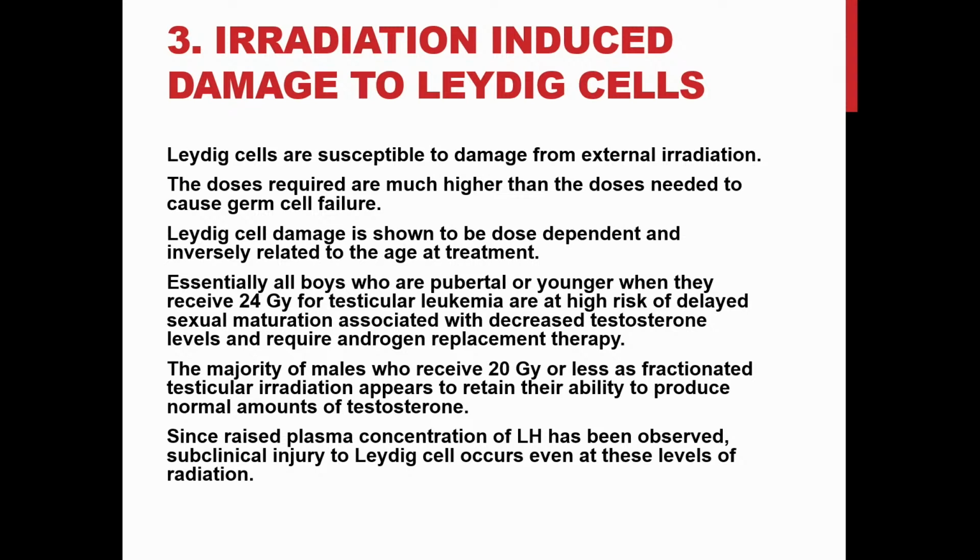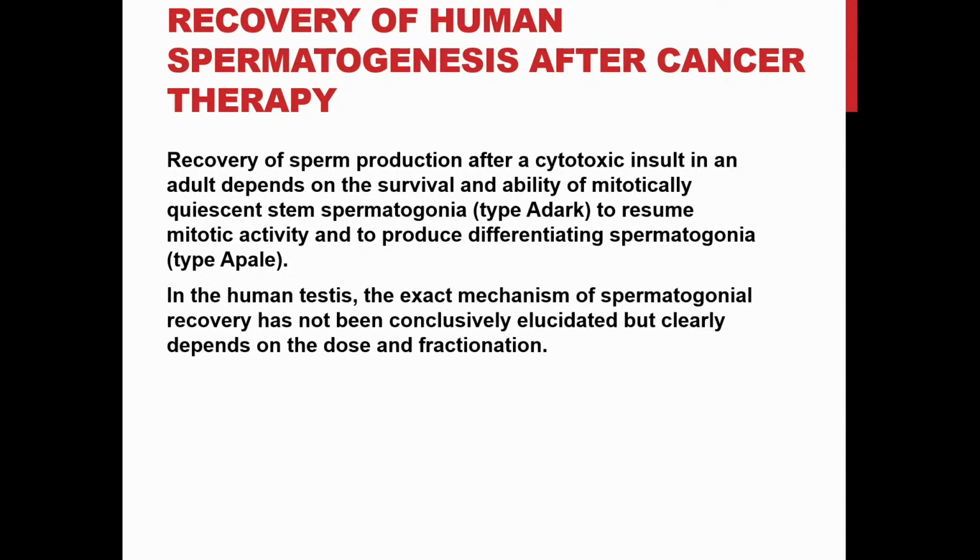So essentially, a dose of 24 gray or more can lead to delayed sexual maturation in prepubertal or pubertal boys, and they may need androgen replacement therapy, whereas doses of less than 20 gray have not been shown to cause sexual maturation delay.